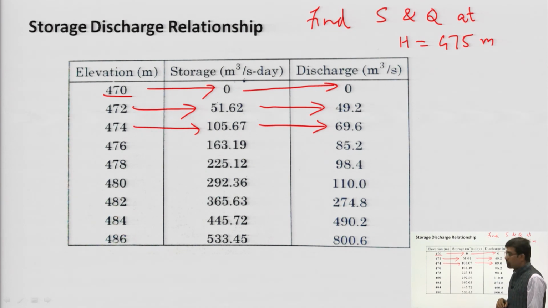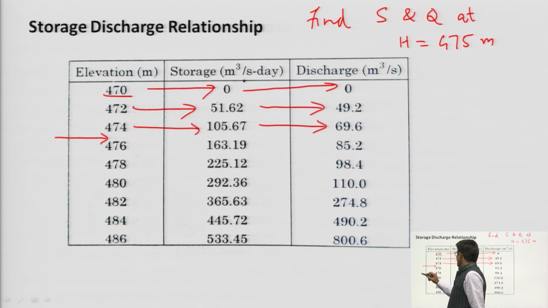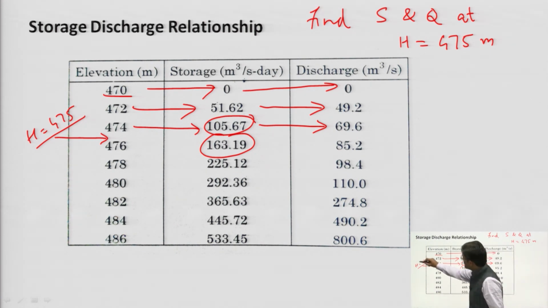Then h equal to 475 will be in between these two values. So we will interpolate these two values to get the storage at this elevation.